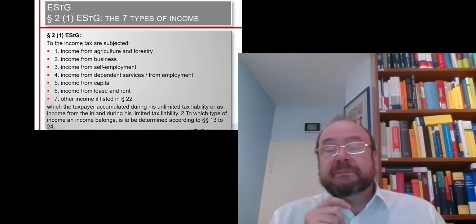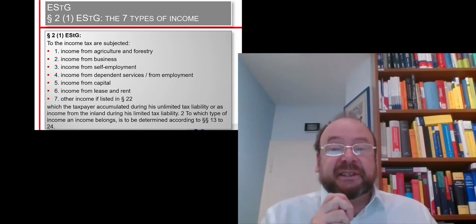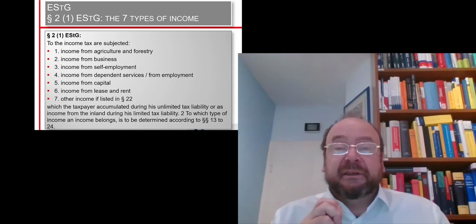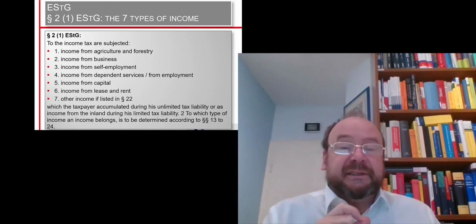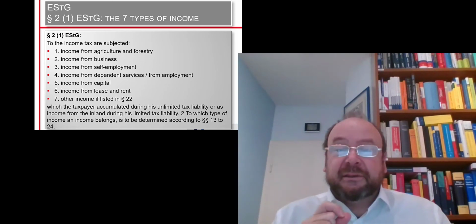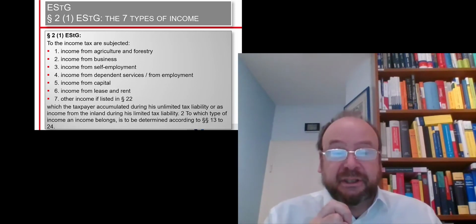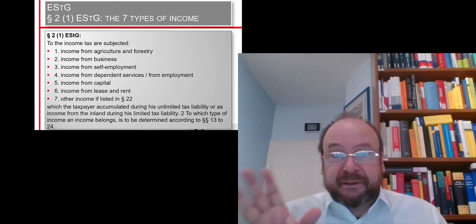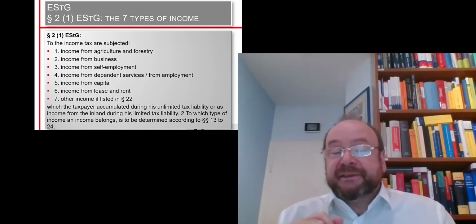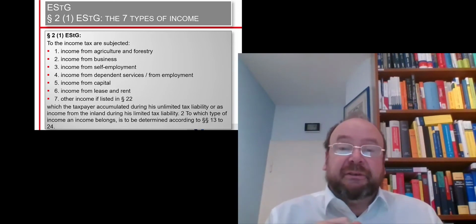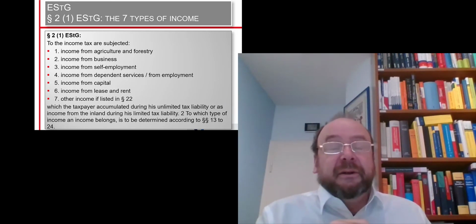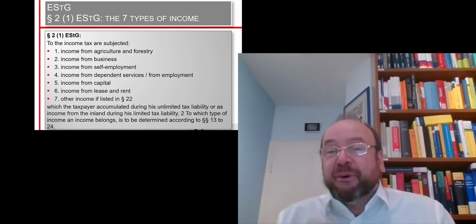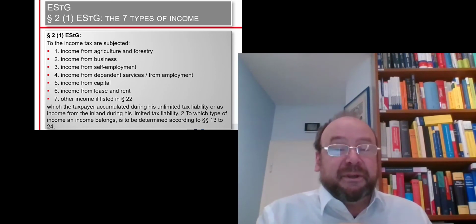And let us have a glance at the consequences of unlimited tax liability and limited one. If you are subject to unlimited tax liability, there is applied to your situation a catalog of 7 types of income in Germany. Other states have other catalogs, you know. Here's the list. It begins with agriculture and forestry, because in the times when that catalog was written, approximately the 1890s, agriculture and forestry still was the most important income type in Germany.